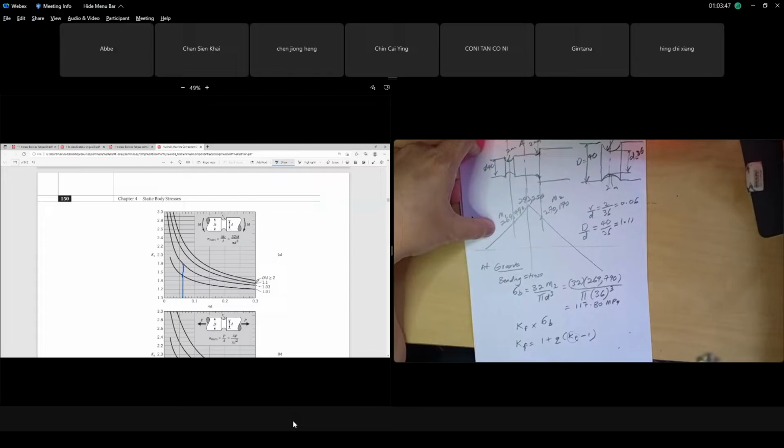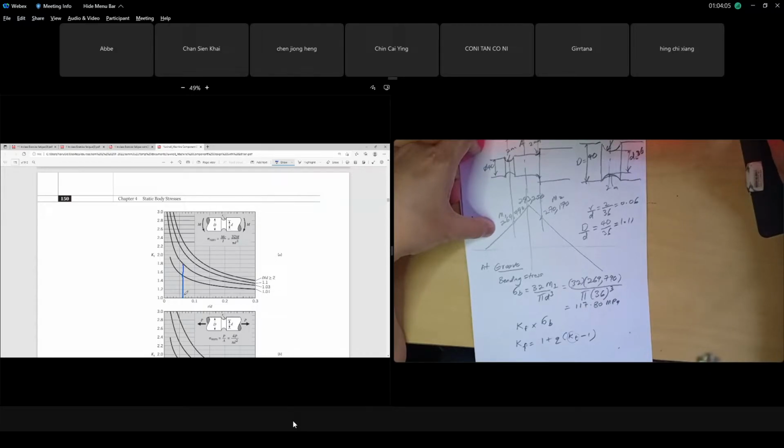Where is 1.1? The second line is the 1.1 ratio, D over d. Right, class?